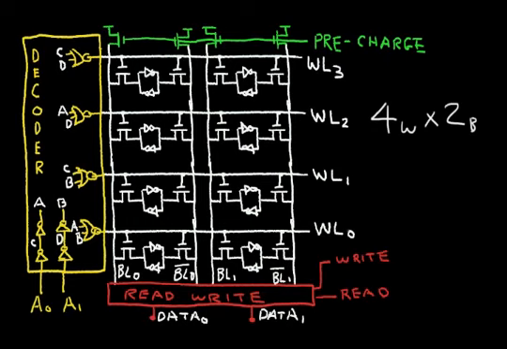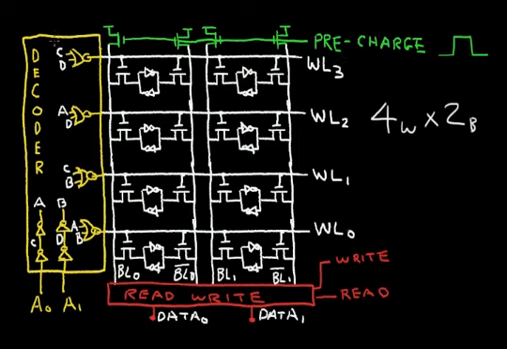Now the pre-charge circuit is shown in green. And recall that prior to doing a read operation, I want to set all my bit lines high. So I'm going to give the pre-charge a small pulse, and then when this pulse goes low, I'm going to perform my read operation.